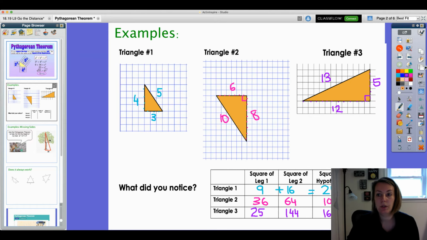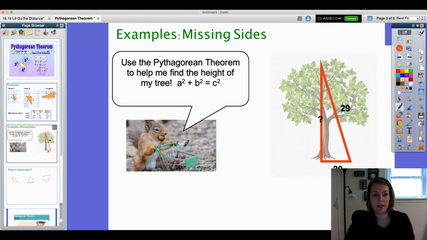Okay, so let's look at a real world example. So I have my squirrel right here, and the squirrel really wonders about the height of this tree. Now this leg right here is 20, and I know that my hypotenuse is 29. So I can fill this into my equation that I already have.